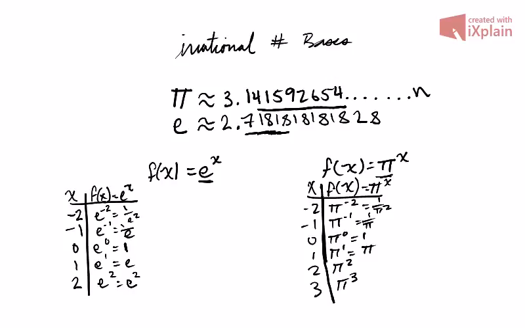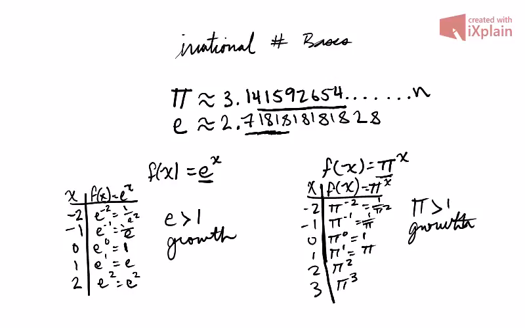As you can see, both of these bases are greater than 1. For certain, e is definitely greater than 1, so obviously it is growth. Pi is also greater than 1, so obviously the model would be growth. So I hope this helps.